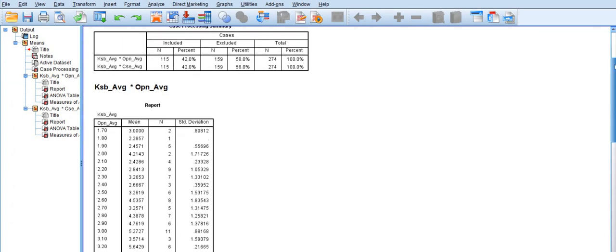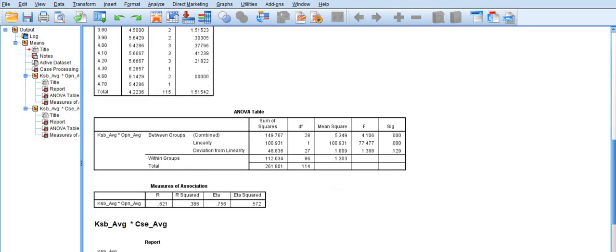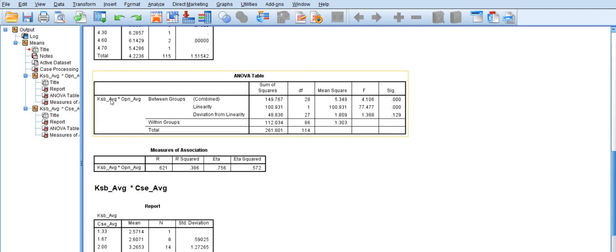Similar to the table I have already explained in the research paper, you will see that for this pair of variables, knowledge sharing behavior and openness to experience, the combined component, sum of squares, degrees of freedom, mean square, F ratio, is significant at 0.000. The linearity component, sum of squares, degrees of freedom, mean square, F ratio, is significant at 0.000.